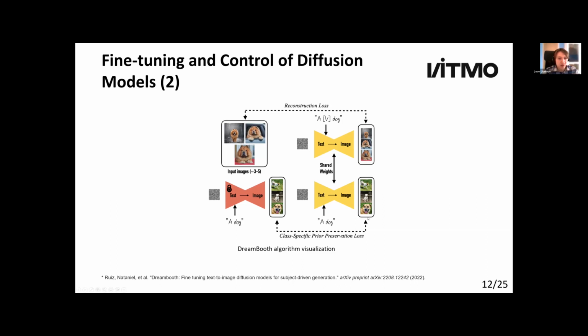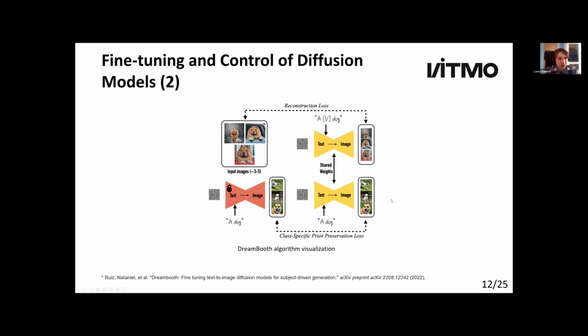But at the same time, we use class-specific prior preservation loss, so the model doesn't forget about generalization for other objects.